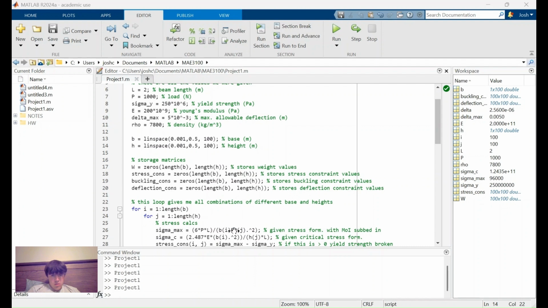You can see we want to pick a height of around 0.15 meters, which is 150 millimeters, and a base of around, well, it says about right there.